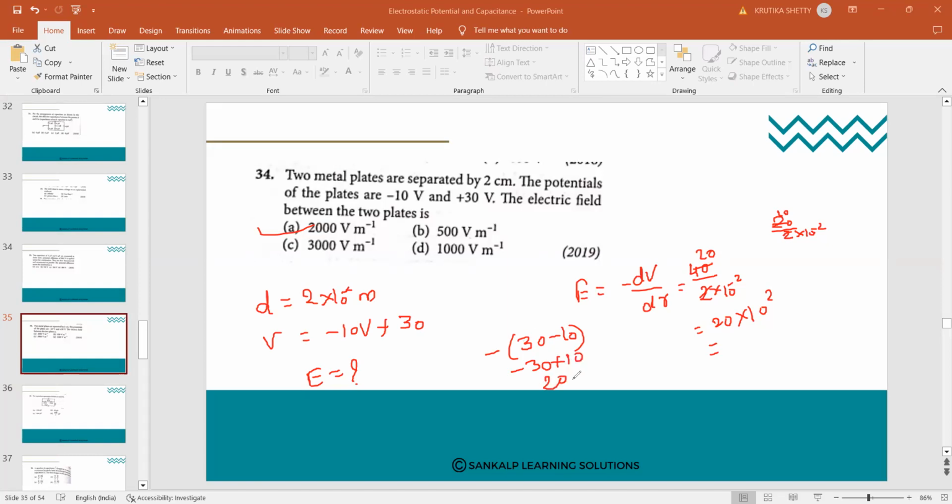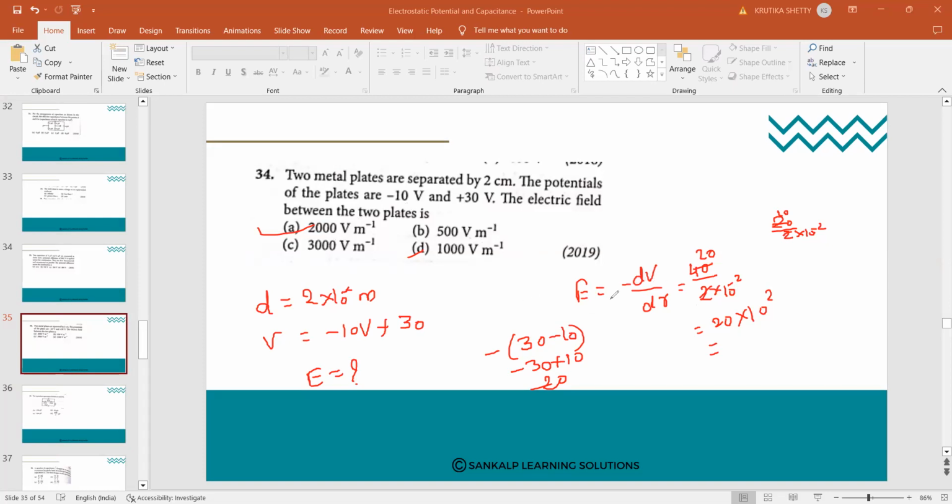Okay, 20. Then it will be option D. Yes, so we can take this as option D, because here the minus is there. We need to multiply inside the bracket. They have not given any other values. So then it is option D, 1000, not option A.